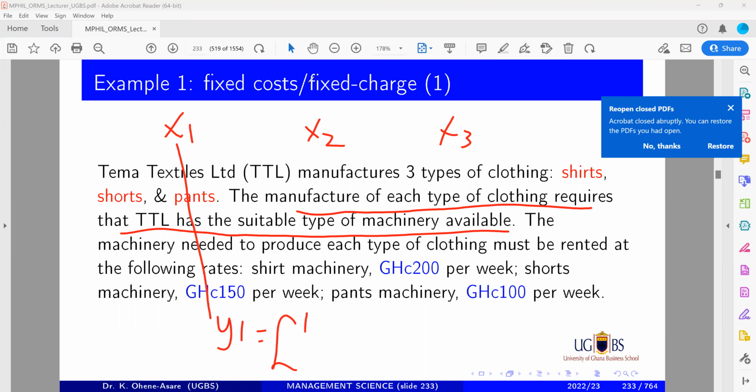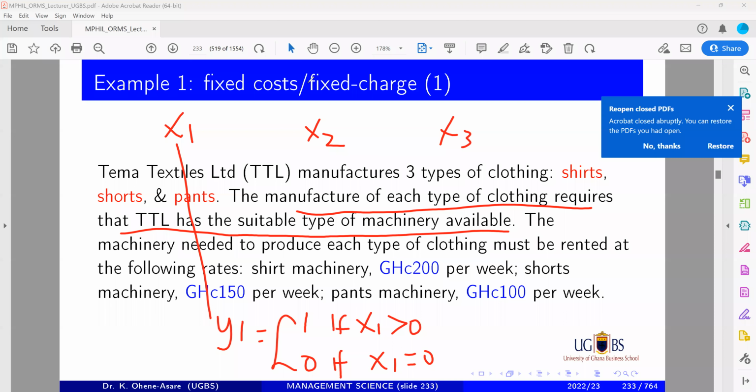That is, I'll put here, if I'm going to produce X1. If I'm going to produce X1. And then 0 if I am not going to produce X1. So that is if X1 is 0. Because if X1 is 0, why do I need X1 machinery?